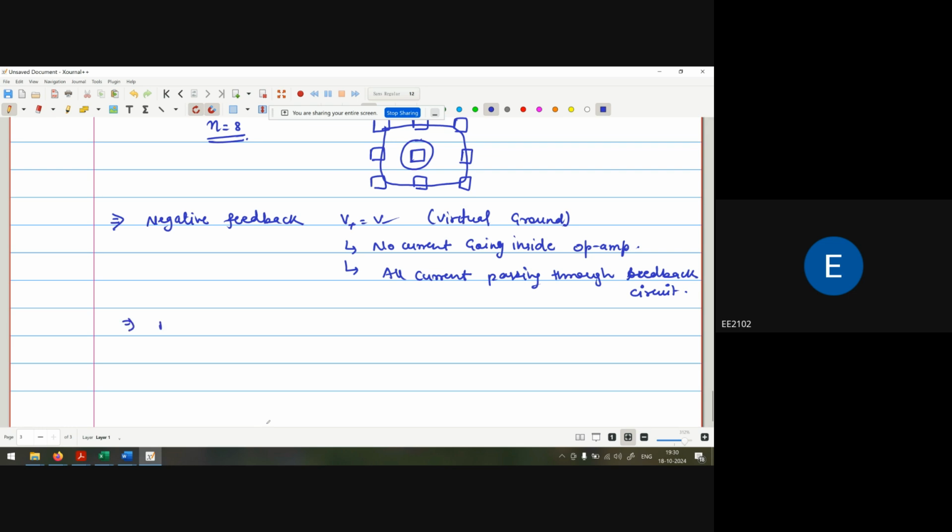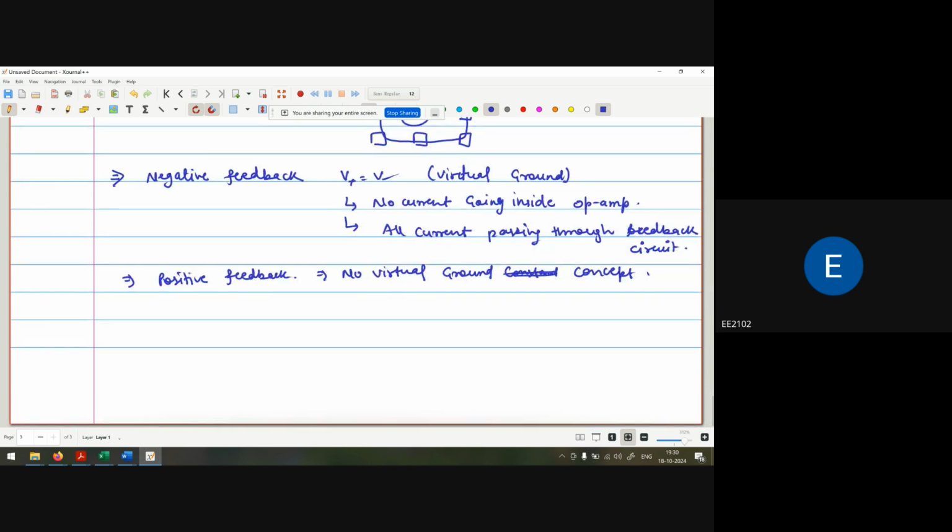But what about positive feedback? There is no virtual ground. If the virtual ground concept is not there, how can we identify the voltage?